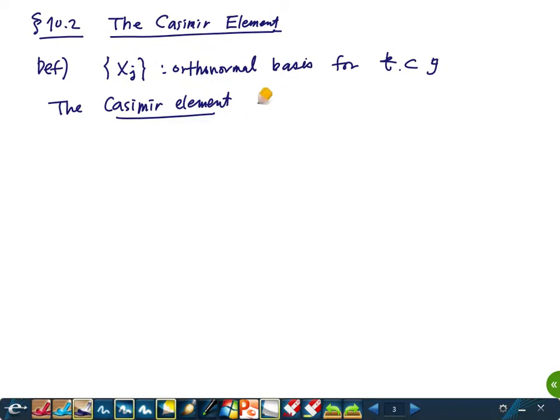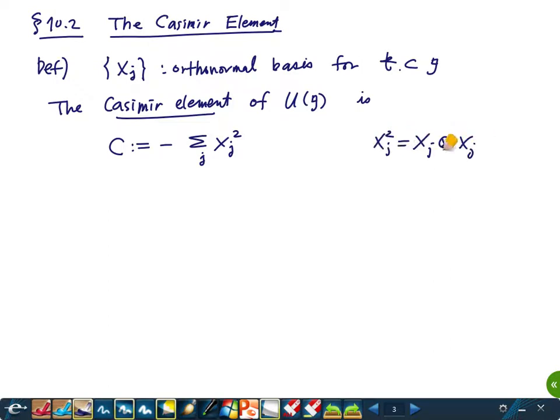So the Casimir element in the universal enveloping algebra UG, because it lives inside this, is by definition denoted by capital C. By definition, it's just the sum of all these squared. What is the square of this? Because this means xj tensor xj. So by definition, we omit this tensor, because now this is an element in UG, so it really lives inside this UG.